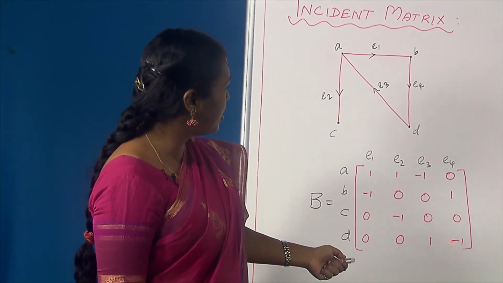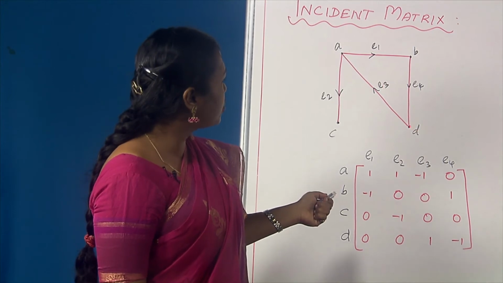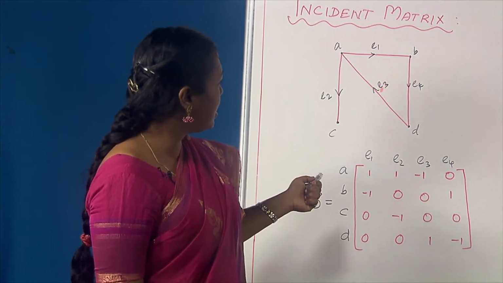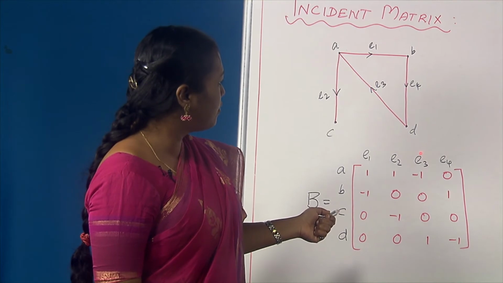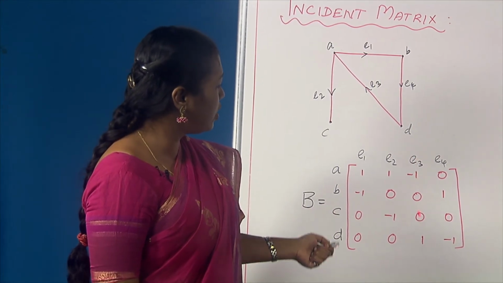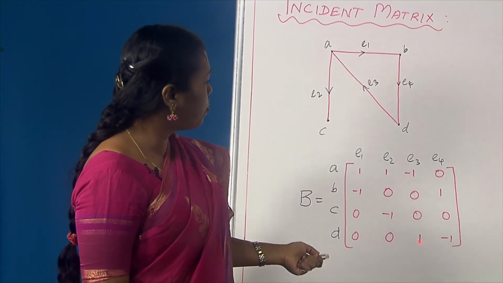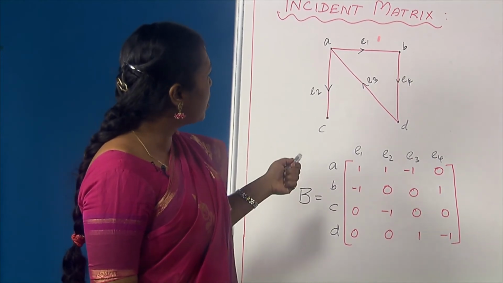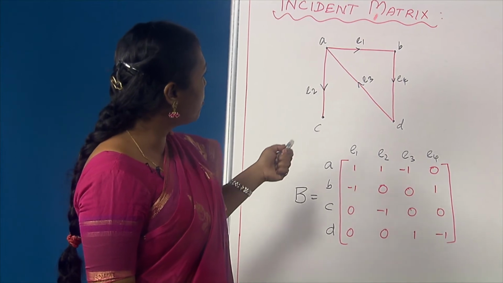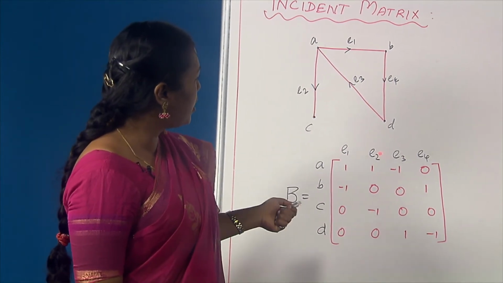Then there is one edge going outside of D, which is E3, and therefore to E3 you put 1. So, 1 coming in, 1 going out, and no connection for the other edges. Therefore, it is 0 and 0 for E1 and E2.